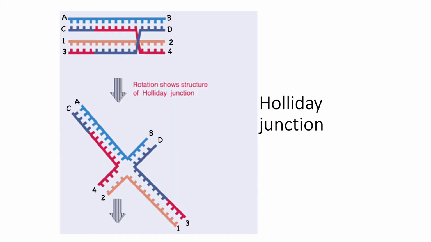And so we see it again up on the top, the Holliday structure or junction. And at the bottom, this is exactly the same configuration. It's just been twisted to put it in the plane of the page here.